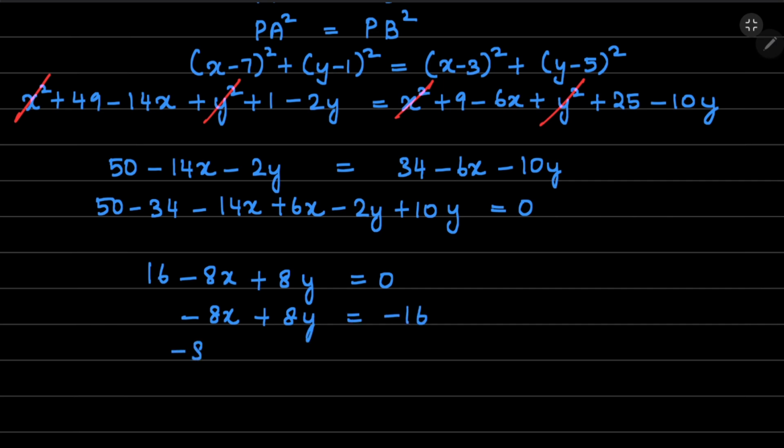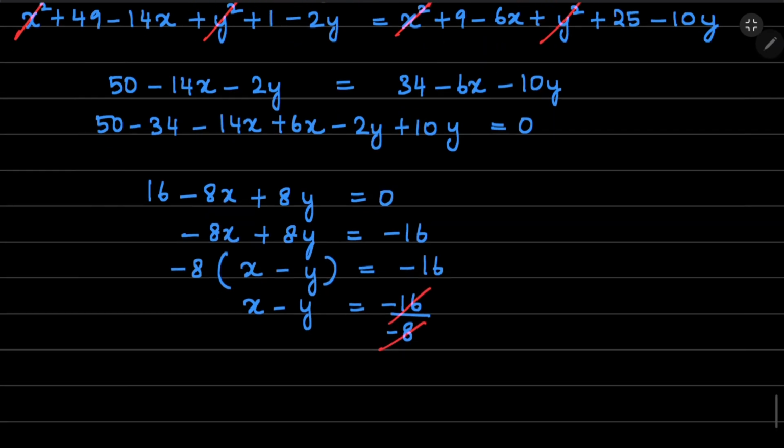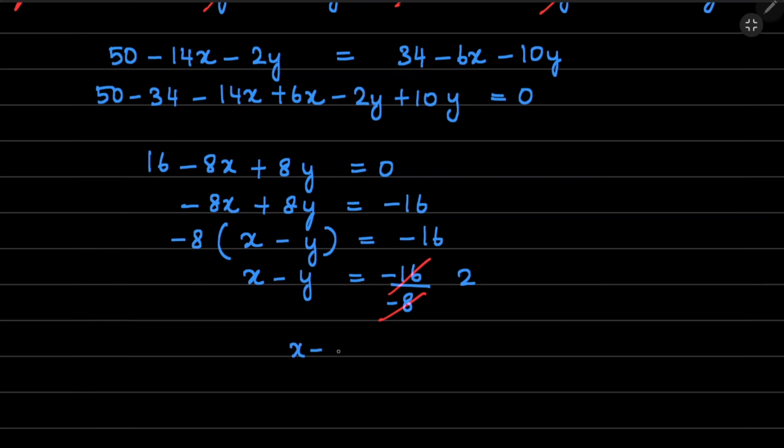You can take minus 8 common out. So you'll have x minus y equal to minus 16 divided by minus 8. If you cancel, you will get 2. So x minus y equal to 2 is your final answer.